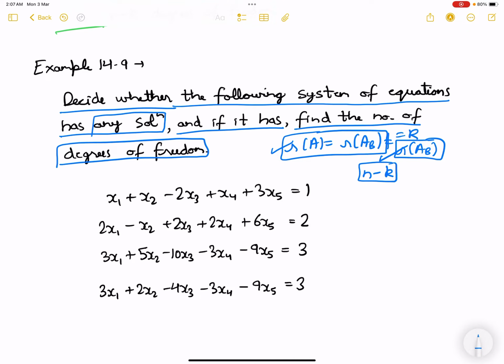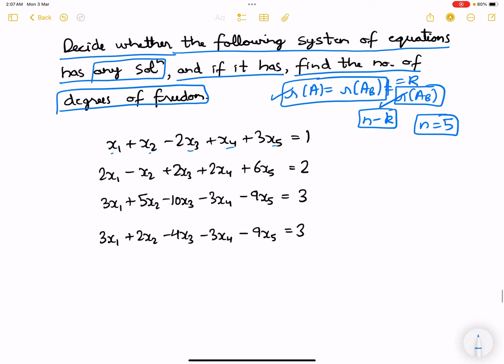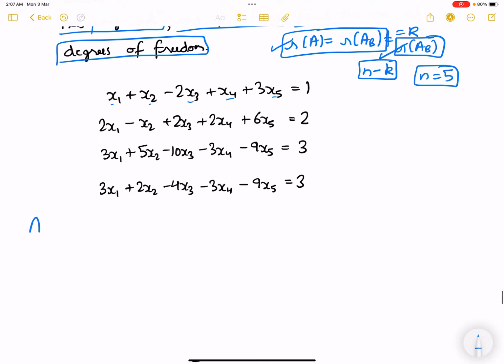Now firstly, what is n? The number of variables. So in this case, x1, x2, x3, x4, x5. So n is 5. We know this, so this is given. So our A augmented B matrix would be written as 1, 1, minus 2, 1, 3, augmented 1, 2, 3, 3.